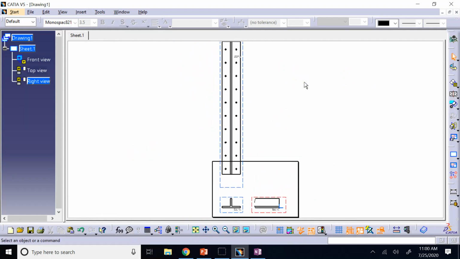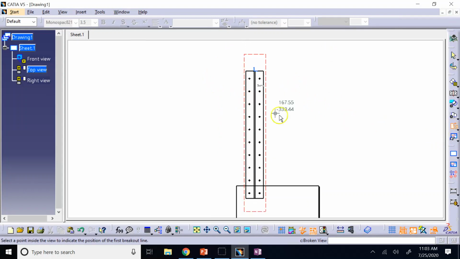Now I could clip this, and then for the other one, let's apply a broken view. So here I go to this line guy here, and this is clipping view that we saw. And then here we have the broken view. When you click on the broken view, you have to determine 2 points which show the location of the break.